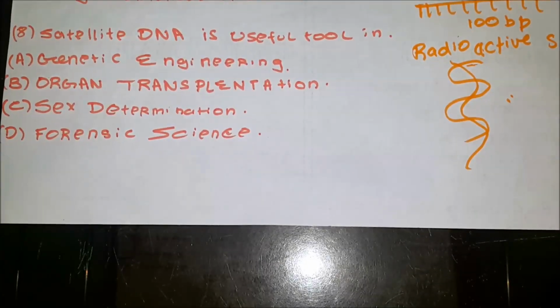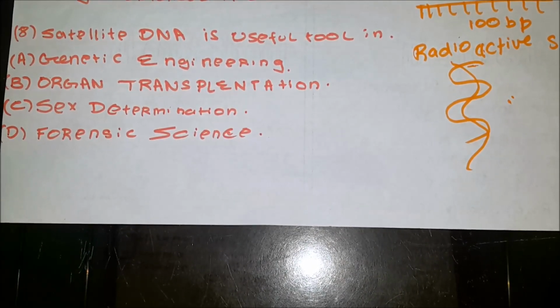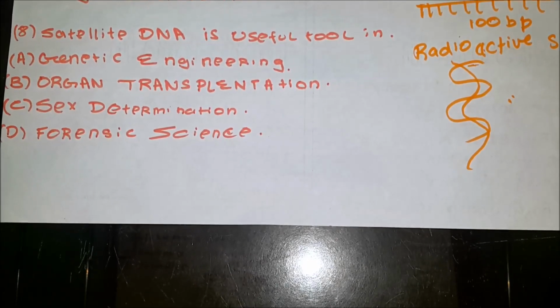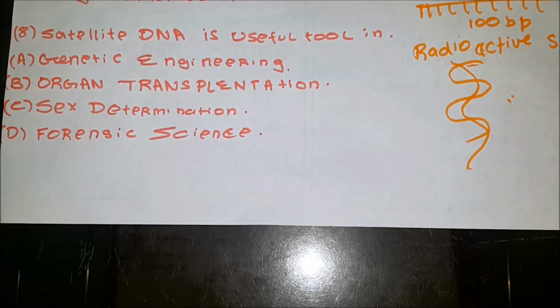Moving on to the next MCQ, satellite DNA is useful tool in, our options are genetic engineering, B. organ transplantation, C. sex determination, D. forensic science. Now option A and option B are horribly wrong, and sex determination is not a choice.